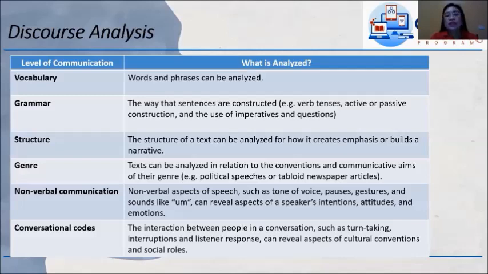Nonverbal aspects of speech, such as tone of voice, pauses, gestures, and sounds, can reveal aspects of a speaker's intentions, attitudes, and emotions. So for conversational codes, the interaction between people in a conversation, such as turn taking, interruptions, and listener response, can reveal aspects of cultural conventions and social roles.